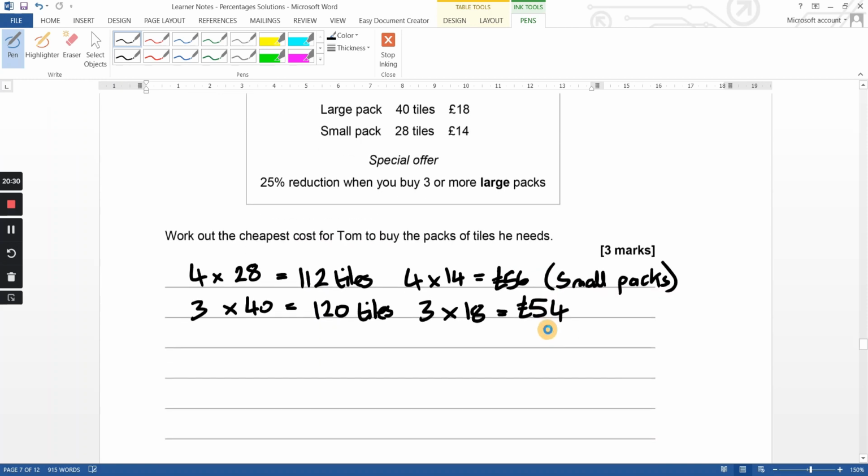And a quick way of doing that, if it's a 25% reduction, technically you'll have 75% of the original.